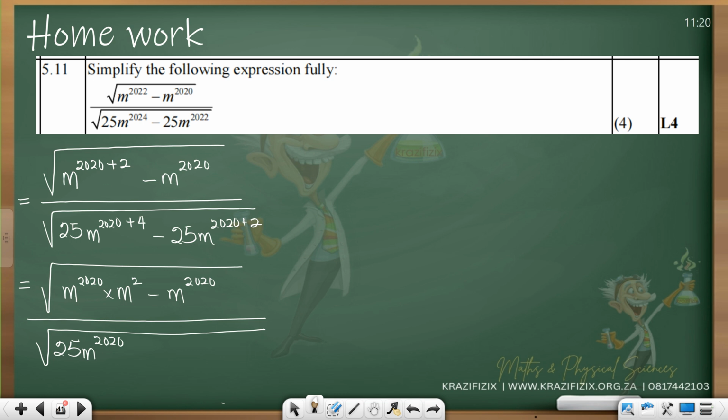Oh, no, wait. Before I do that, there's a step I'm jumping. You guys are fresh grade 11s. This is 25m^2020 times m to the power what? 4 minus 25m^2020. I'm going to show you where we're going now.